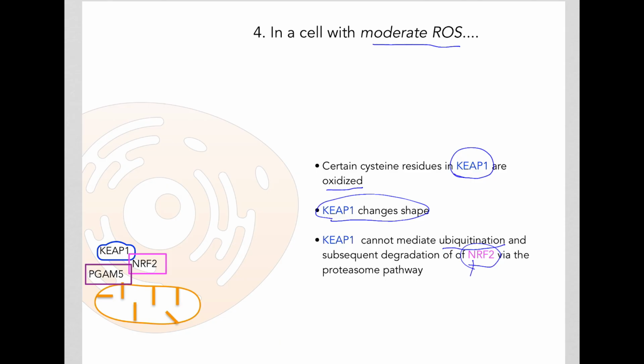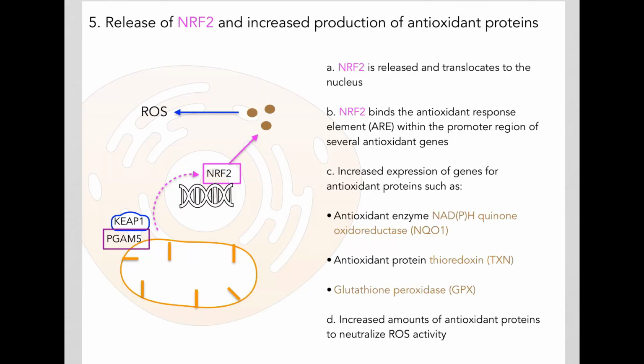So this NRF2 doesn't undergo proteasomal degradation. So now we have the NRF2 still alive and kicking in this cell that has moderate ROS. Now this NRF2 will be released and it will travel to the nucleus.